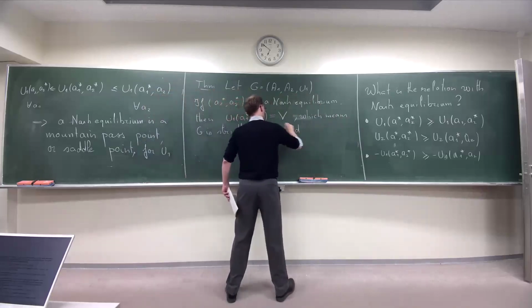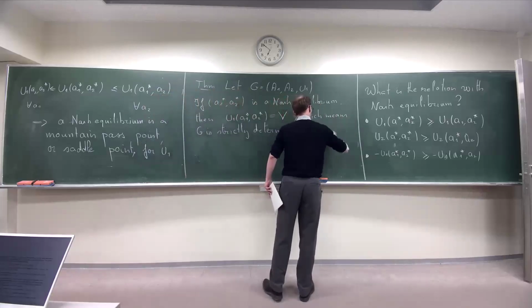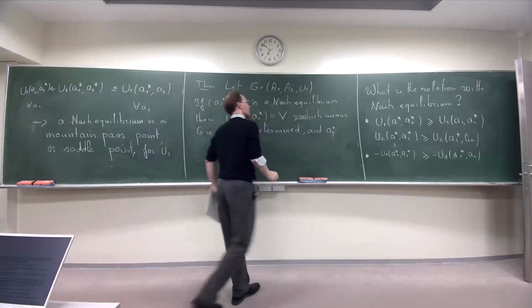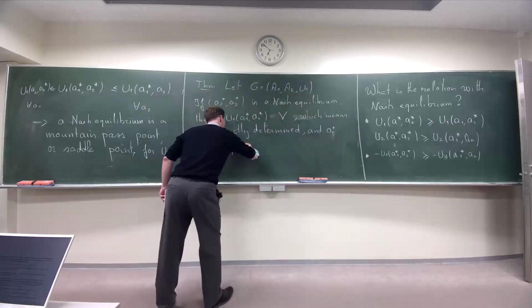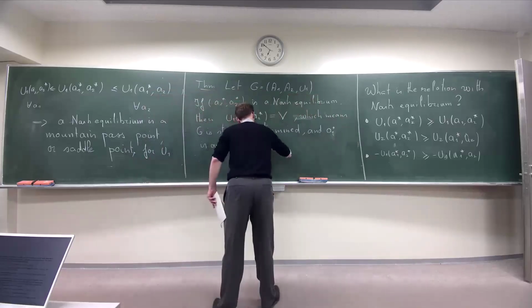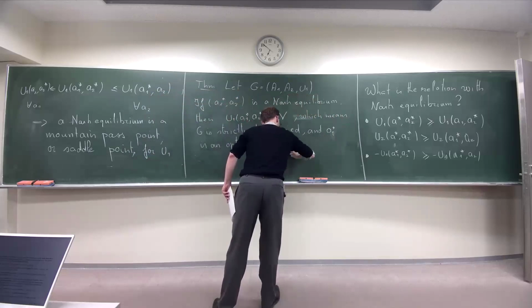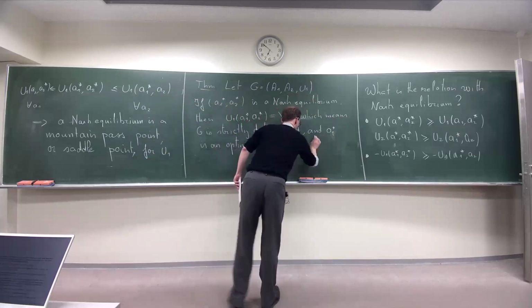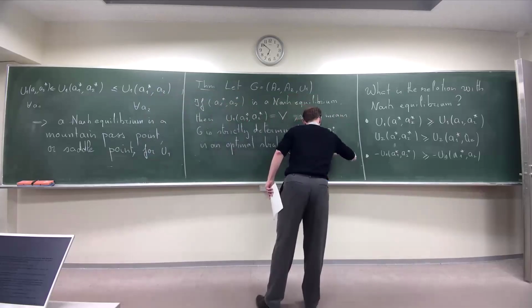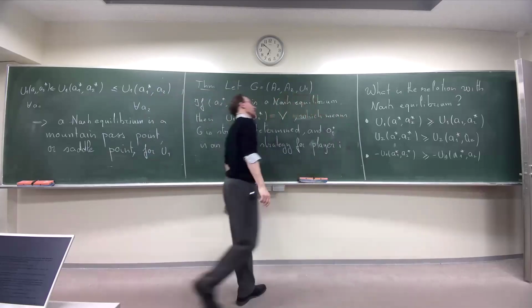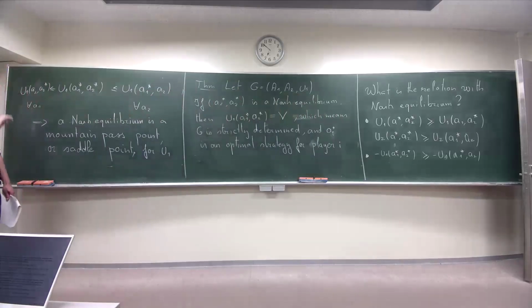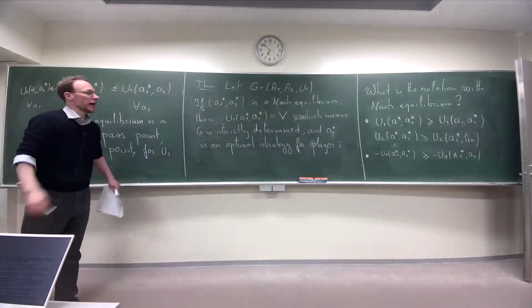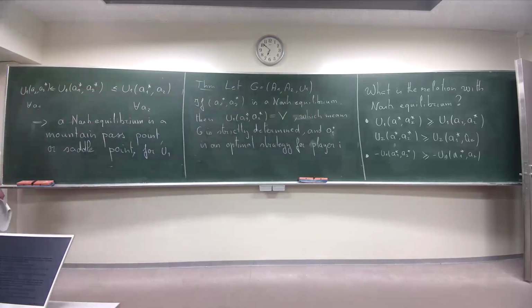And in fact, we have more than this: A1 star is an optimal strategy for player I. So it means if you have a Nash equilibrium, the two values lambda overline and lambda underline are equal.